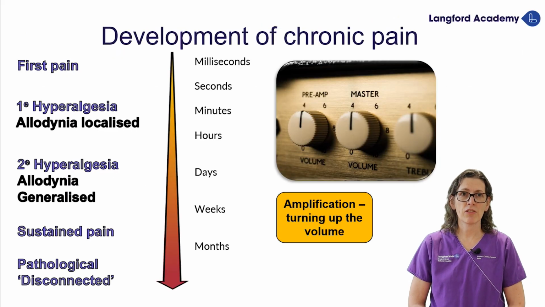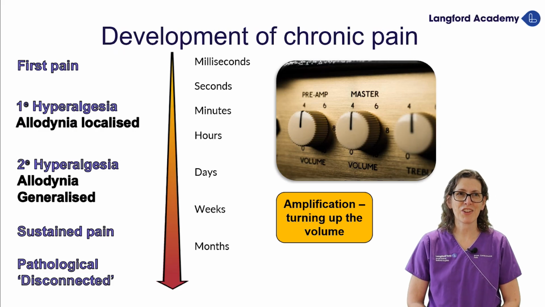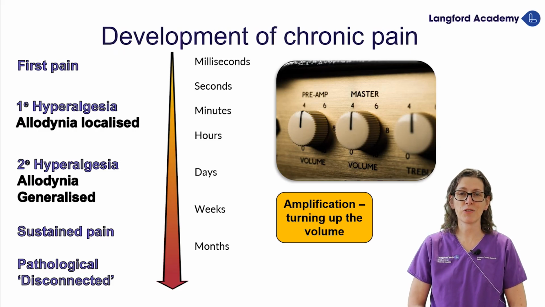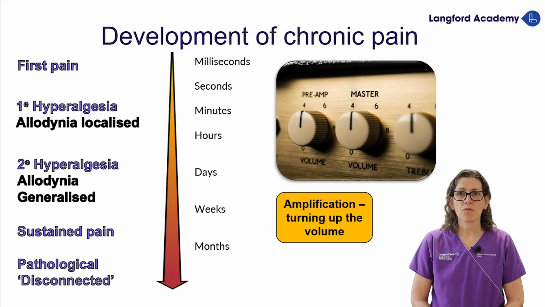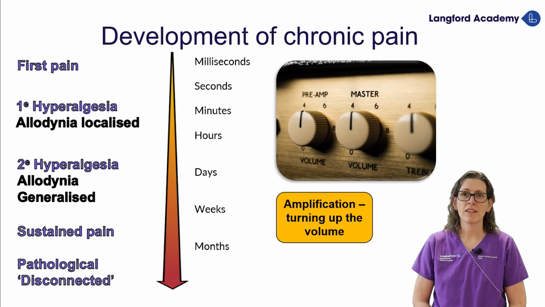So how does chronic pain develop? Well, we see our first pain, which is involved with C and A delta fibres, causing a brief activation of the spinal cord. This signal is transmitted to the brain, and we see primary hyperalgesia, localized allodynia, which means a sensation of pain from a stimulus that should not be painful.